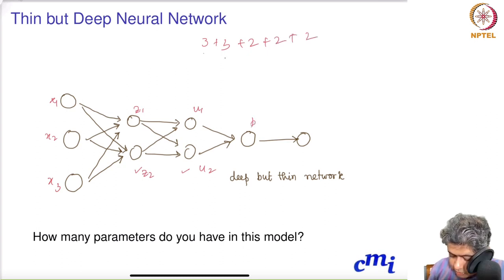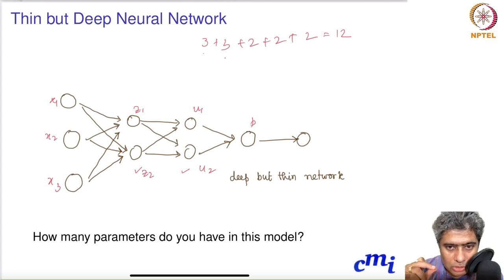So 3 plus 3 is 6, 6 plus 2 is 8, plus 2 is 10, plus 2 is 12. So a deep network with more layers, with each layer having fewer nodes, like only 2 nodes, is giving you fewer parameters than a single layer with too many nodes.